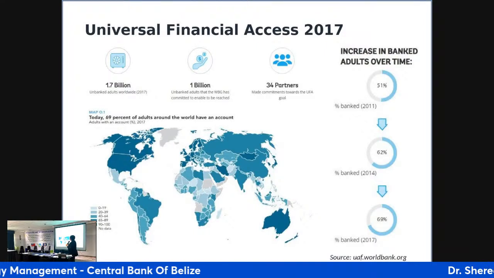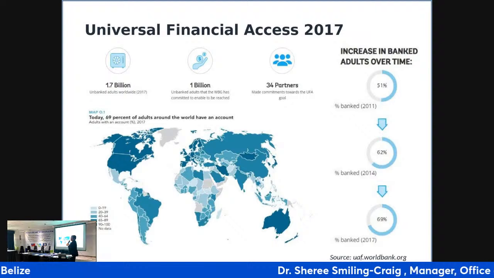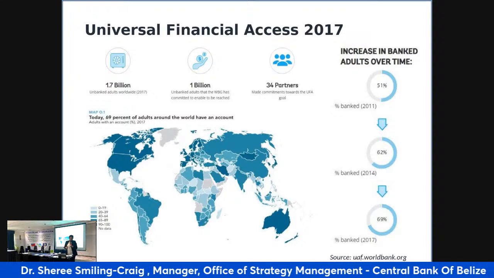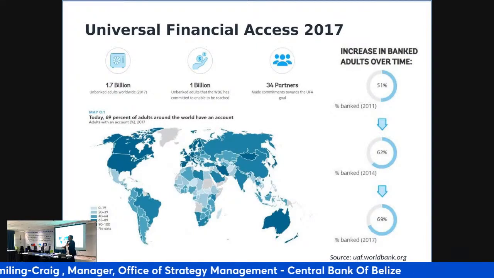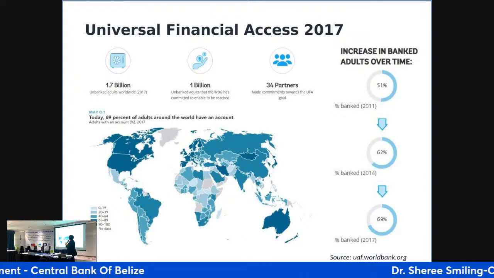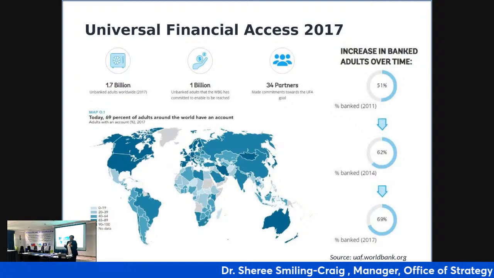So if you notice here, in 2017, there were 1.7 billion people in the world that were unbanked. There are 1 billion adults that were unbanked that are now banked since then.